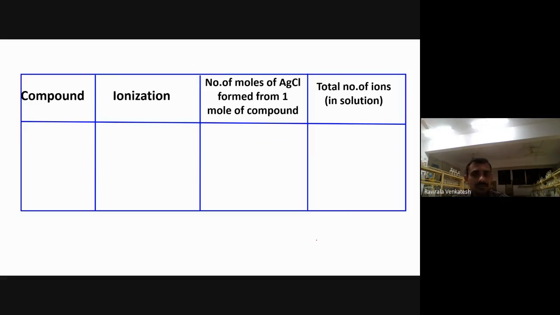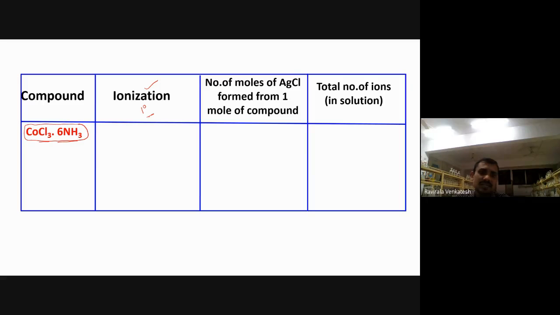I can explain this example very easily for you. What I have taken here is cobalt, 3 chlorides, and 6 ammonias. This is a coordination complex compound. Now, ionization means primary valency.